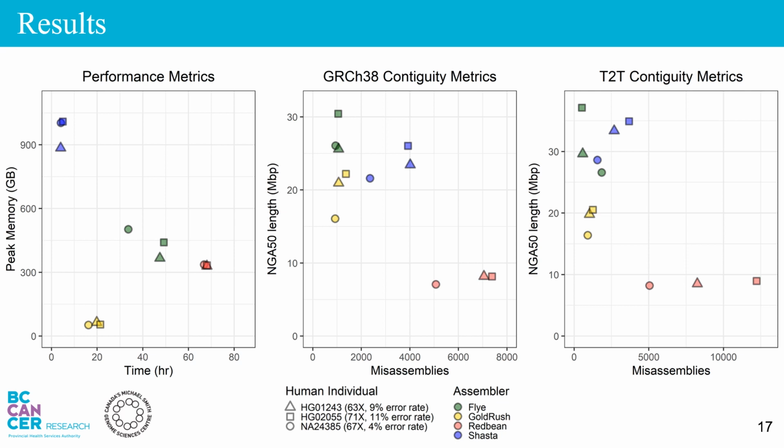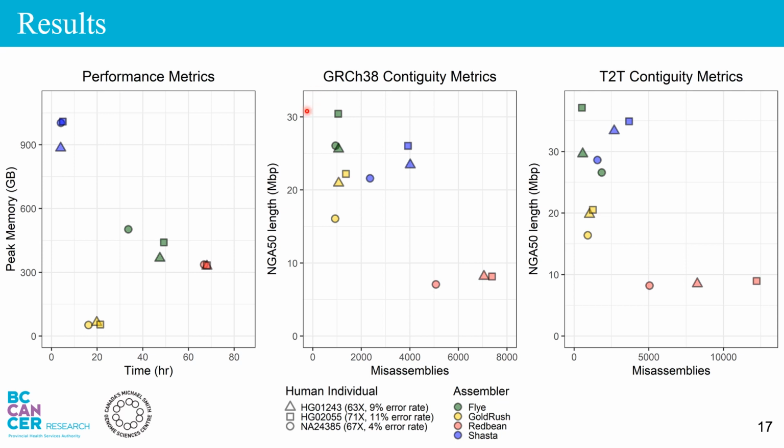To benchmark contiguity, we ran QUAST on all the assemblies using both the GRCh38 human reference genome and the telomere-to-telomere assembly to obtain the NGA50 length and the number of misassemblies. The NGA50 length is the length where at least half the assembly size is in pieces of at least that length, corrected for genome size and alignment block.